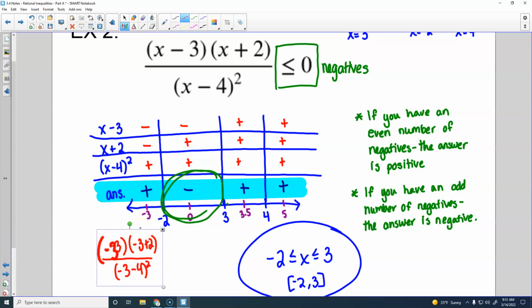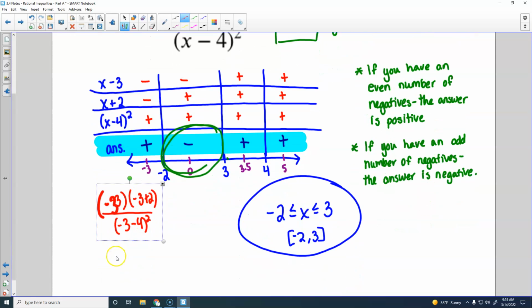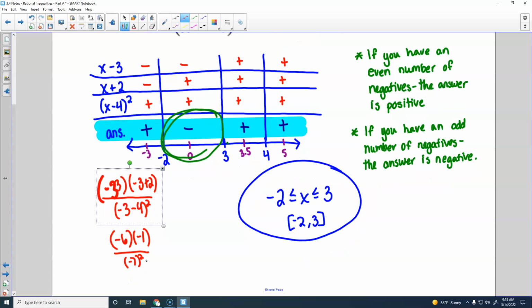And then you would get -6 times -1 over -7 squared, which would give you +6 over 49. So you can see there that you would get a positive in that section. All this is doing it piece by piece. It can be a little bit faster whenever you have lots of sections that you need to look at.